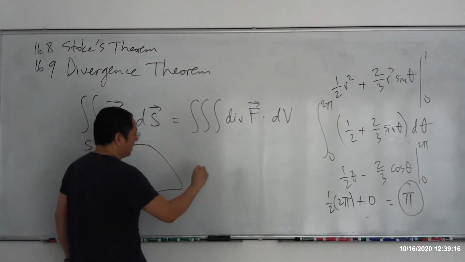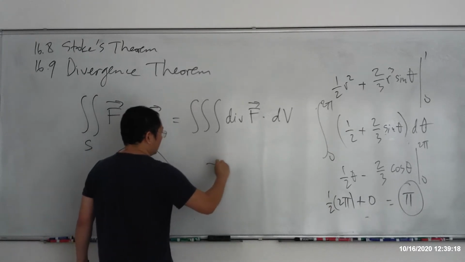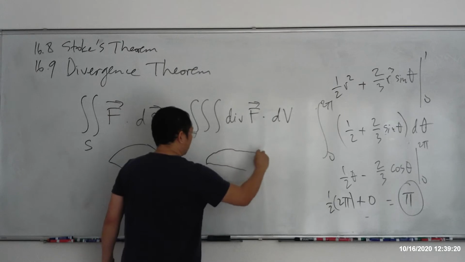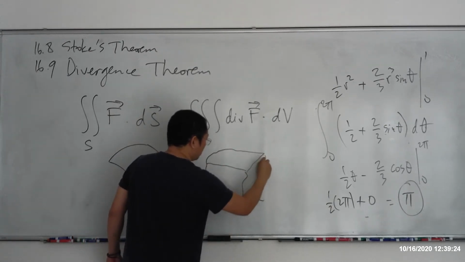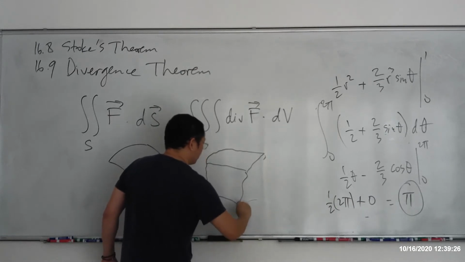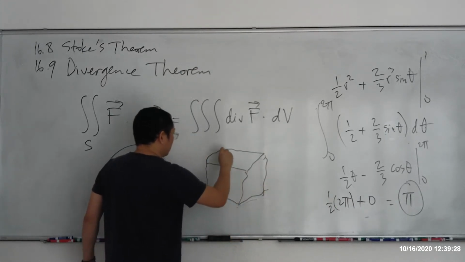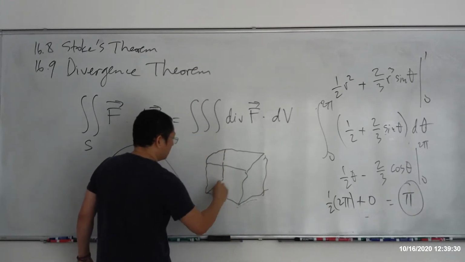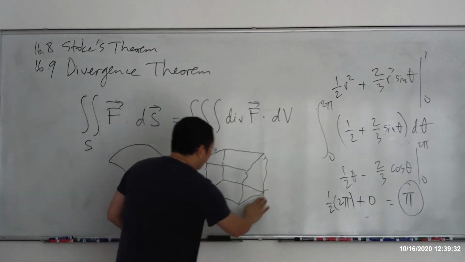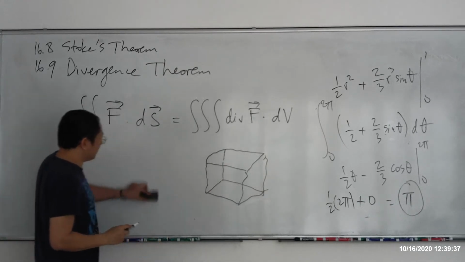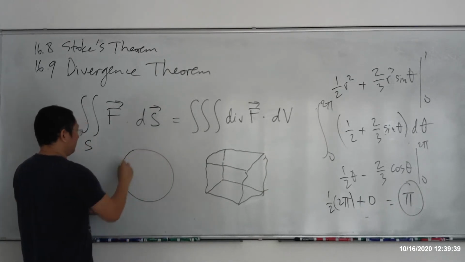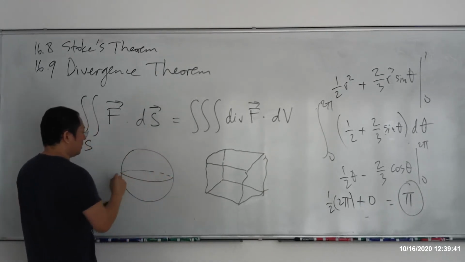But if you have something like this, and I just try to draw it as random as possible, imagine we have a box, so the surface S is around it. A simple case of this is a sphere, usually.